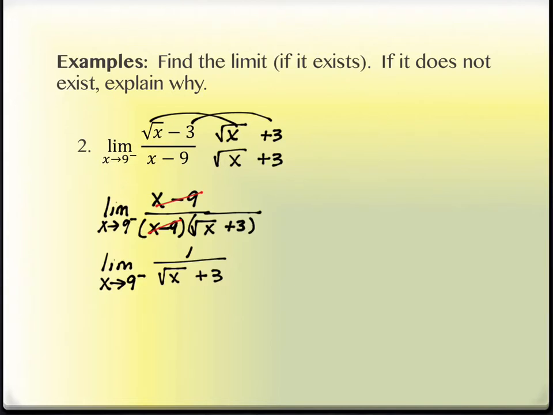All right, can I put in a 9 now? Yes. Awesome. So now I have the ability to plug the 9 in. And I will get 1/6. Any questions on that?